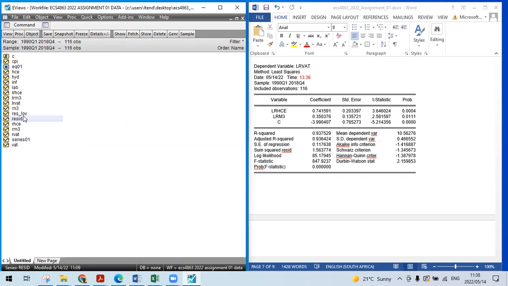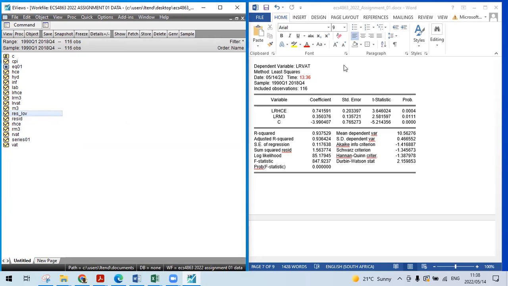So now I have this new variable called res LOV. And if I'm to ask you guys, but don't answer it, I'll answer it. According to the Engle-Granger, how do you test for co-integration? According to the Engle-Granger, you need to have the long run equation first.